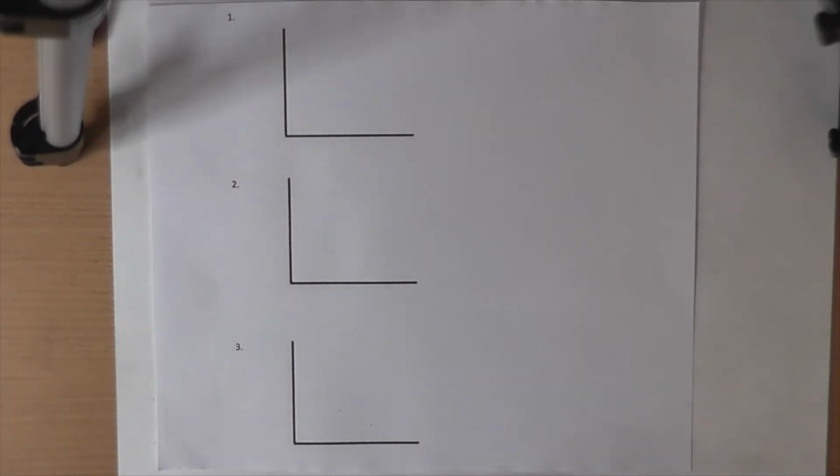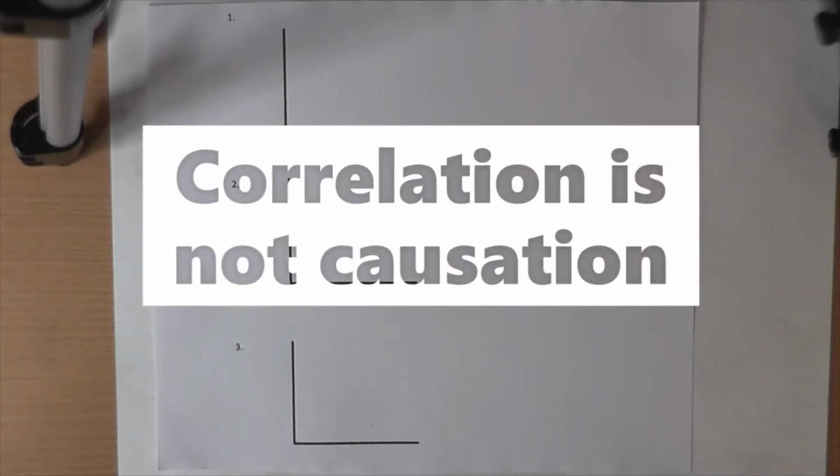Now, there is something very important with correlation to bear in mind. The classic phrase that gets trotted out is that correlation is not causation. What we mean by that is that if we draw a scatter graph, if we investigate the link between two types of data, and we find that there is a correlation, the presence of a link does not necessarily mean that one piece of data causes the other piece of data to happen.